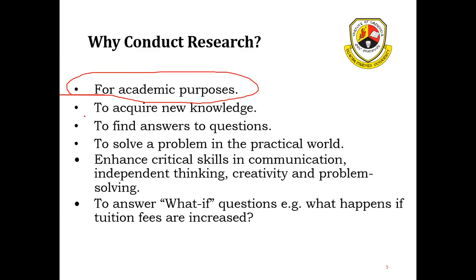That is one. Two, acquire new knowledge. So we talked about research problems and everyday problems. Every single problem we have in this world helps us to grow in knowledge.